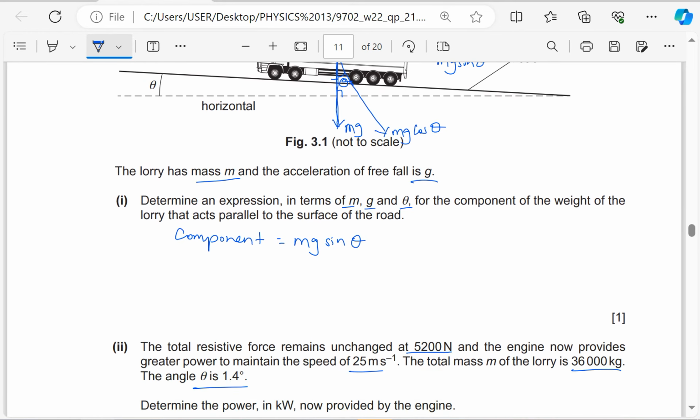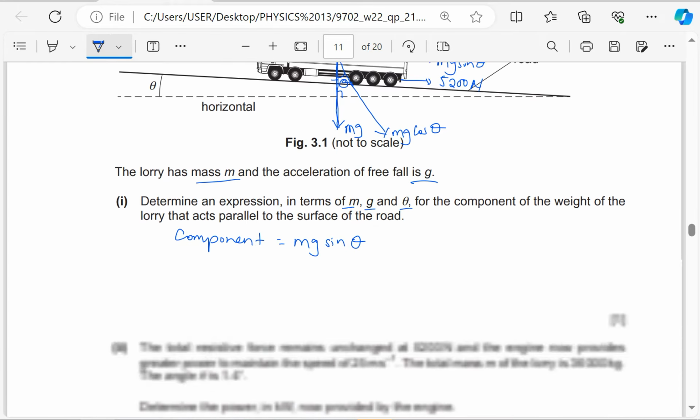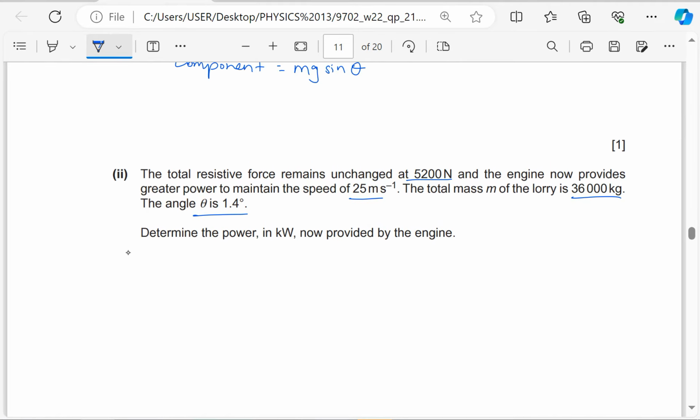So they say the resistive force has remained, so there's a force acting downwards, which is 5,200 newtons, and there's a component of the weight downwards, but the speed is remaining constant. So that means the resultant force is still going to be zero. Total forces downwards should be the same as total forces upwards. So the driving force of the engine should be the same as total force downwards.